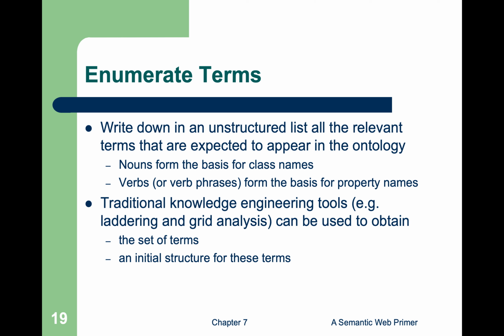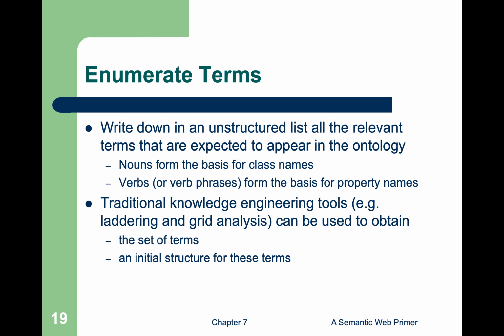So, enumerate terms. In the knowledge acquisition process, we need to write down in an unstructured list all the relevant terms that are expected to appear in that ontology. Nouns form the basis for class names, verbs form the basis for property names.